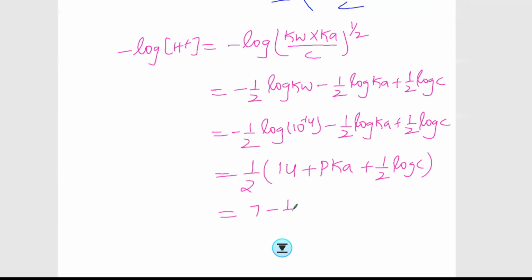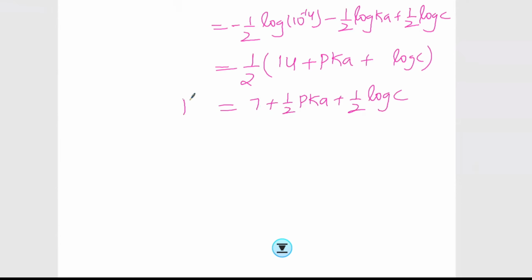So 7 plus 1 by 2 pKa plus 1 by 2 log C. So what can you see? pH is greater than 7, therefore the solution will be basic.